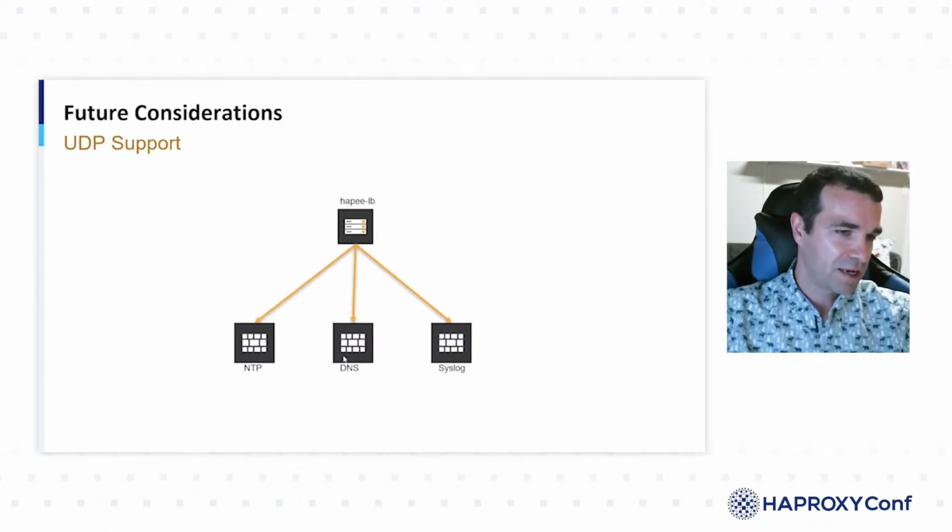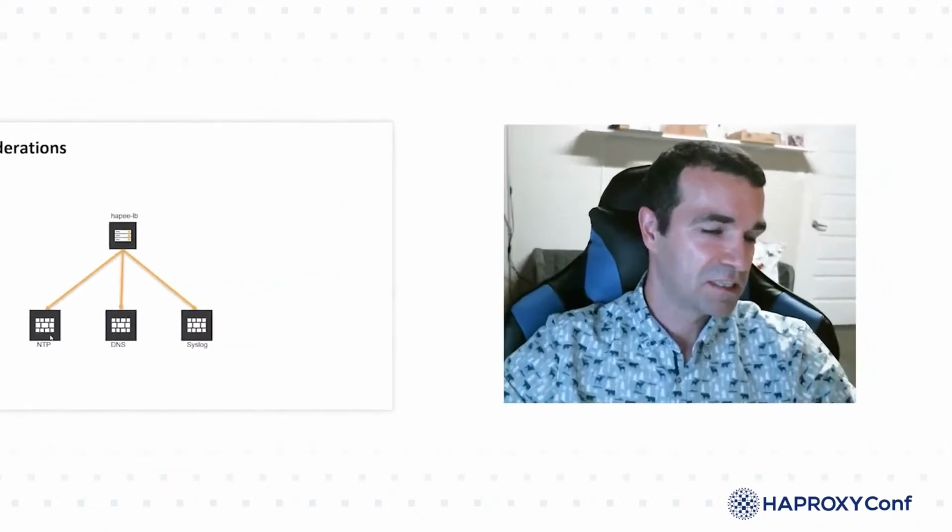For NTP and DNS, we're just launching an instance of an NTPD server and an instance of the bind server, the DNS server, and we're forwarding to an upstream server, which is probably the right way to do it.